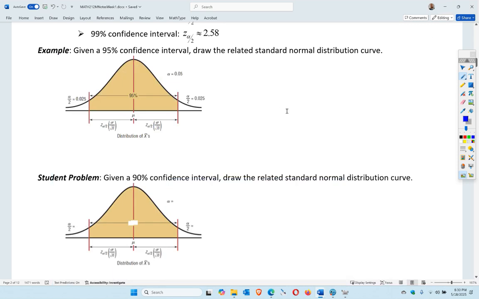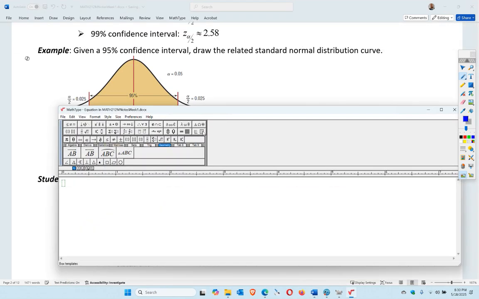Okay, so a little type in here. So I want z sub, do a little sideways slash if I can find that, alpha divided by 2. Okay.